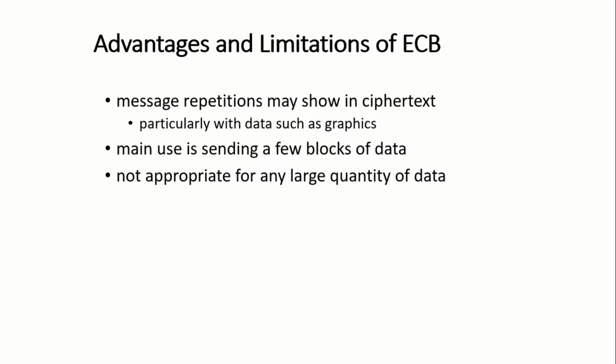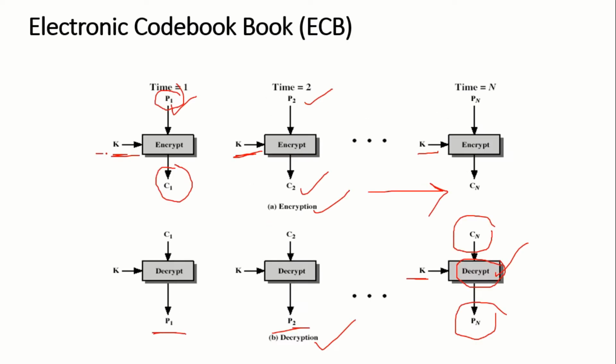Now these are the advantages and limitations of ECB. So message repetition may show in the ciphertext. Since we are using the same key, if the block is the same, if P1 and P2 are equivalent, then the ciphertext will be similar.